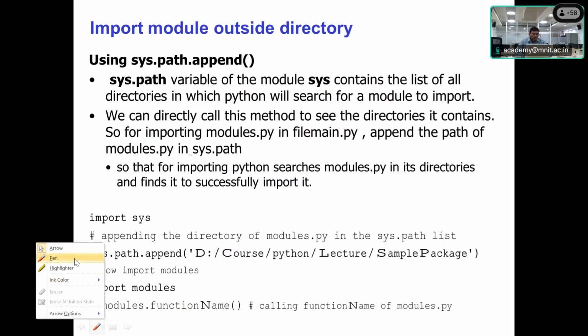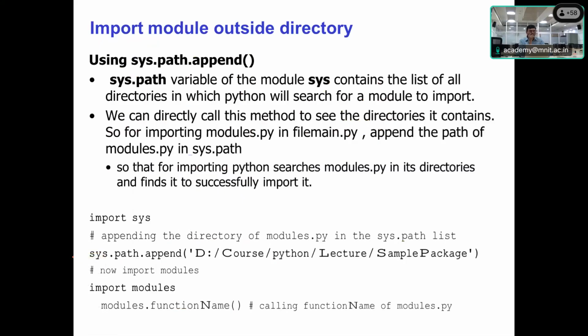Now if we want to import modules which are available outside of the directory, in that case we are required to append that particular folder or directory inside the system path configuration file. How can we do it?